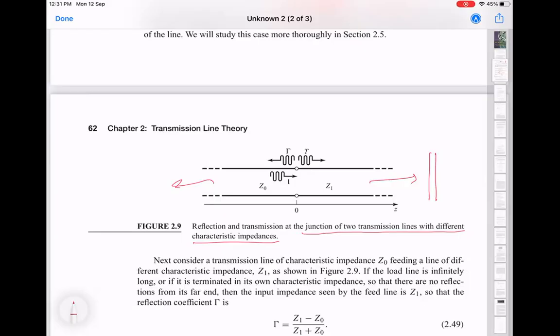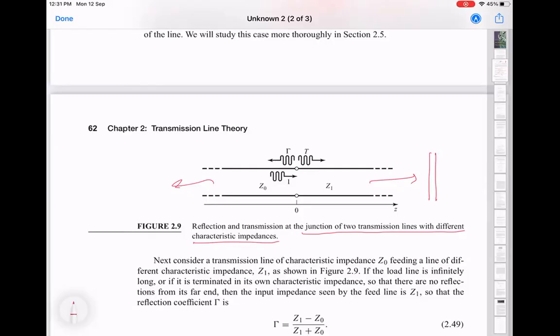Now, obviously, since the characteristic impedances are different, you're going to get reflections at that point. The question is, how do you compute that reflection? Right? There are few ways of looking at it. The subtle aspect is related to this idea that this is an infinite line.